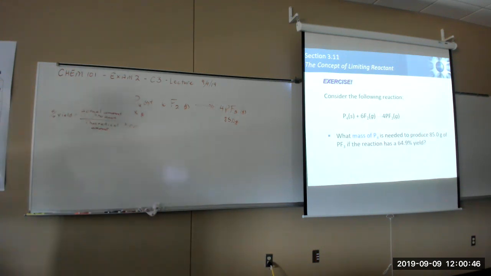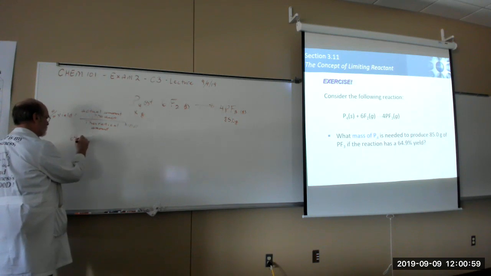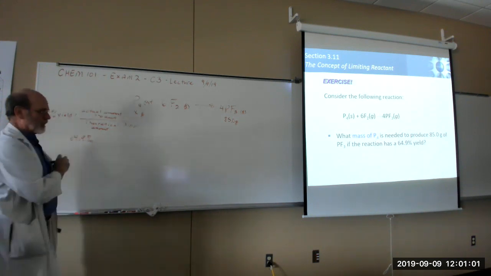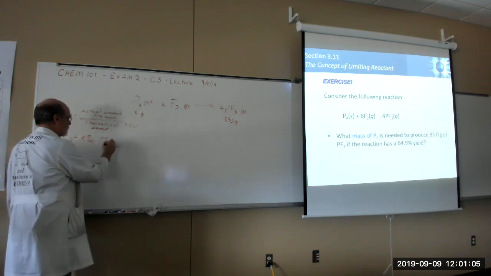That's reality. When you conduct a reaction, you're never going to get 100% of what you expect. It's always less than 100%. In this case, 64.9% yield of PF3.